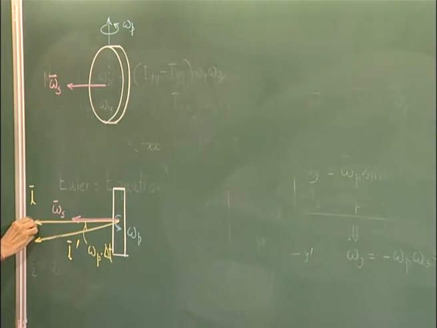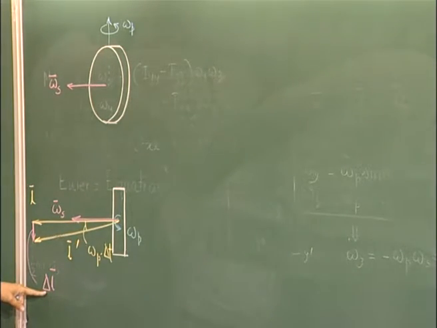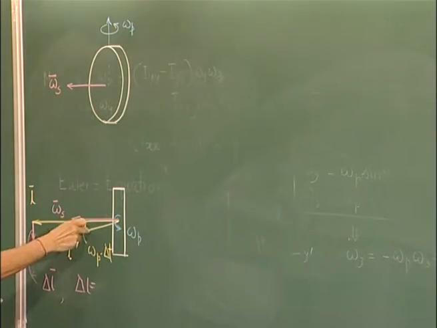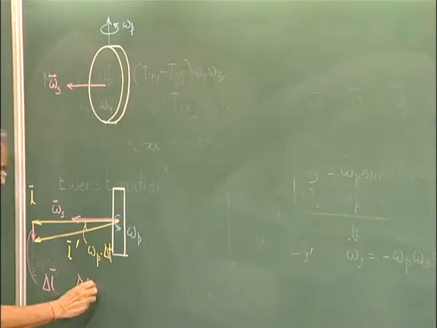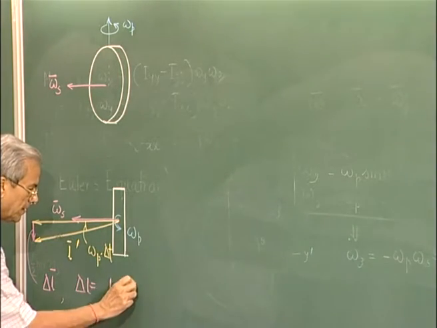What is this? This is the change in angular momentum, because original angular momentum plus the change makes the new angular momentum. And how much is this? The magnitude of this is this length into this angle. This length is L, and this angle is omega p delta t.